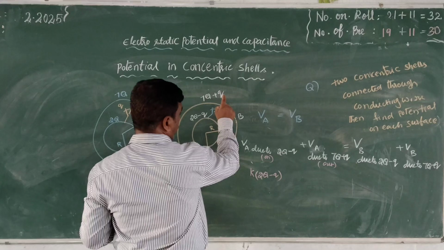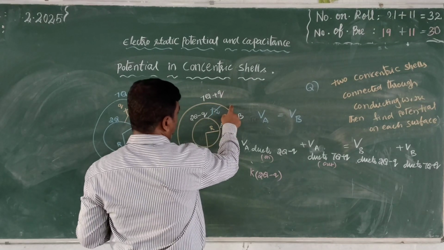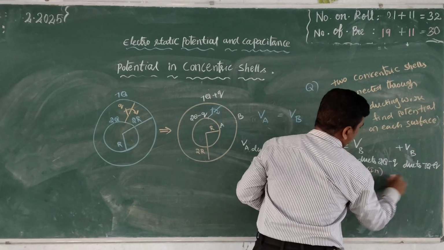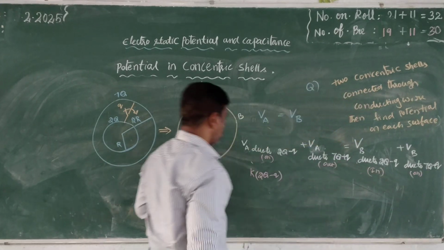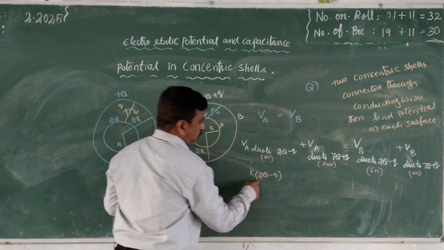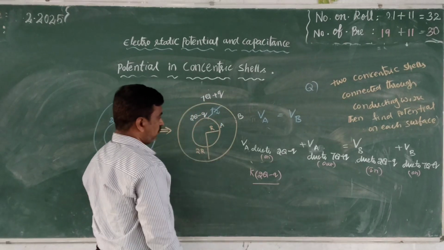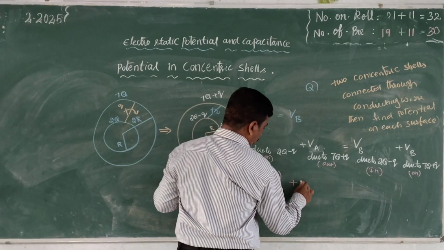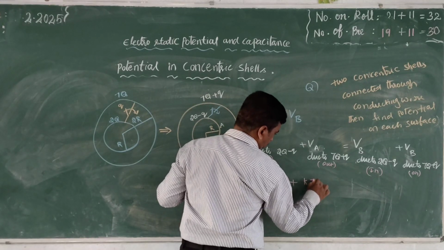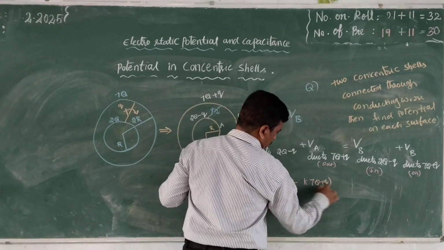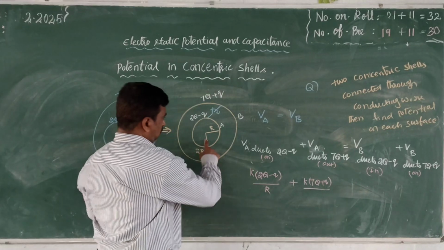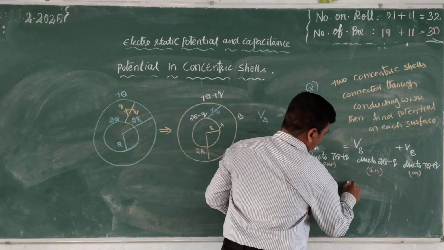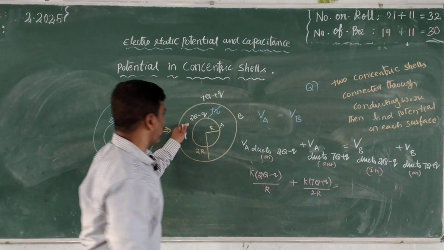For potential on surface B, it is an inside point for this one. So for the surface it is k(2q − q) by the radius r. Potential on A due to (7q + q) means k(7q + q), the radius being the outside point, so 2r.